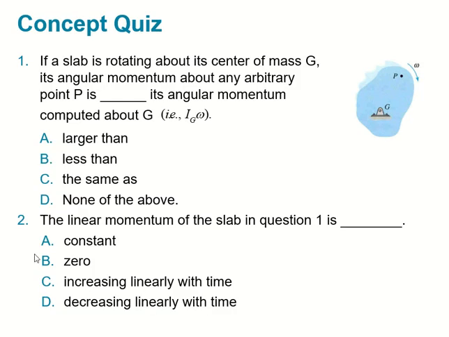Okay, the next one is just a little multiple choice. So you have a slab, and that slab is rotating. Again, every time we rotate about the center of mass, which is the mass center, point G, and angular momentum about any point, a point can be anywhere, you have to compare that to see if it's larger, less, or the same.